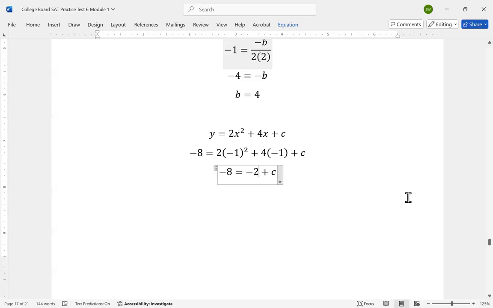And then I'd add 2 to both sides, giving me a C value of -6 again. So that also gives me a C value of -6, but it just takes a couple more steps.